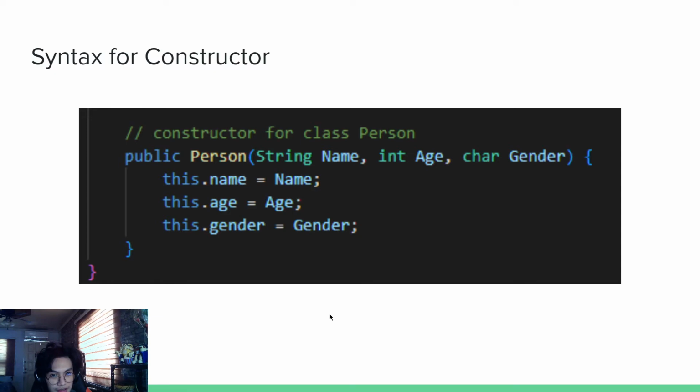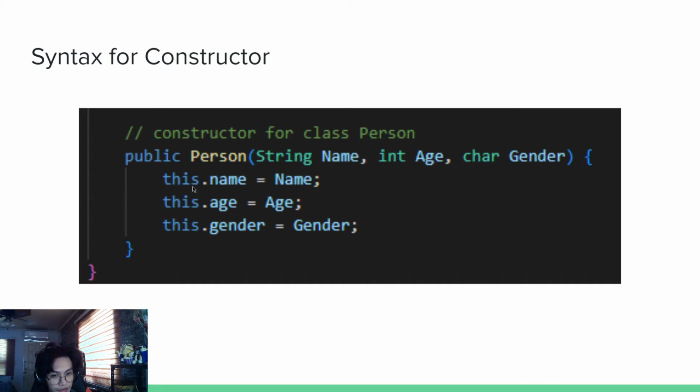For the next slide is the syntax for a constructor. Over here, I have a constructor for the same class from earlier, which is person. For creating a constructor, you just put the access modifier, in this case public. It should always be public so that it can be accessed from outside the class. And then the name should be the same as the name of your class, so person with capital P. And then it's going to have the parameters of the attributes that you're going to be using.